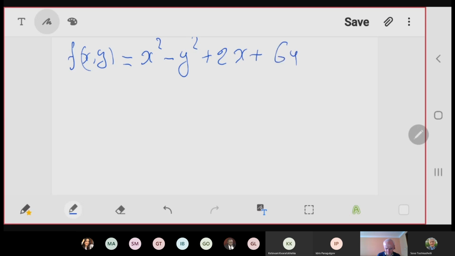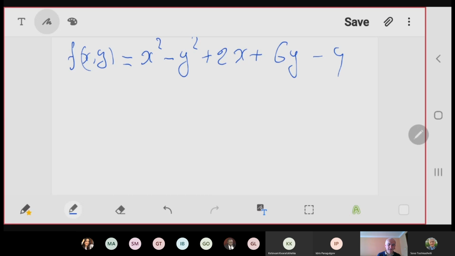Let me rewrite this function to be clear for everyone. f(x,y) equals x square minus y square plus 2x plus 6 times y minus 4.